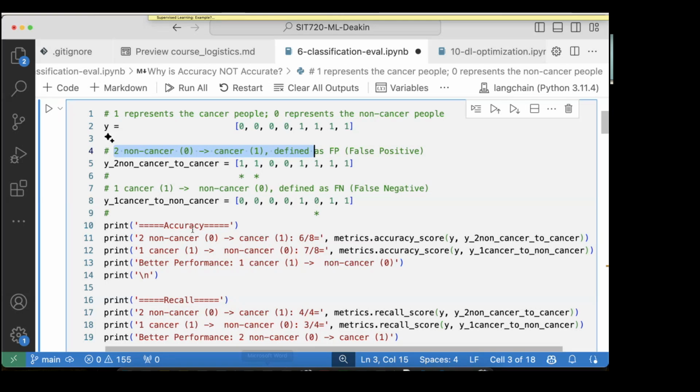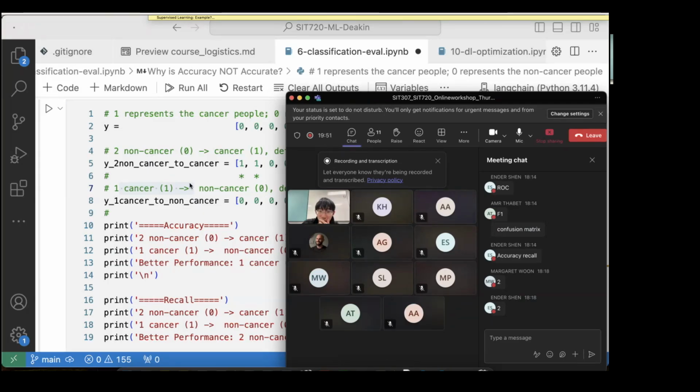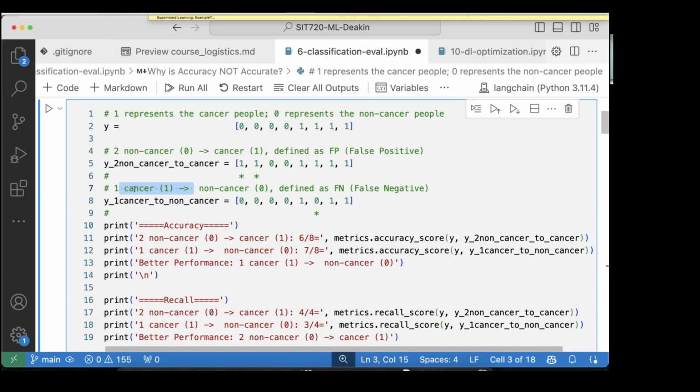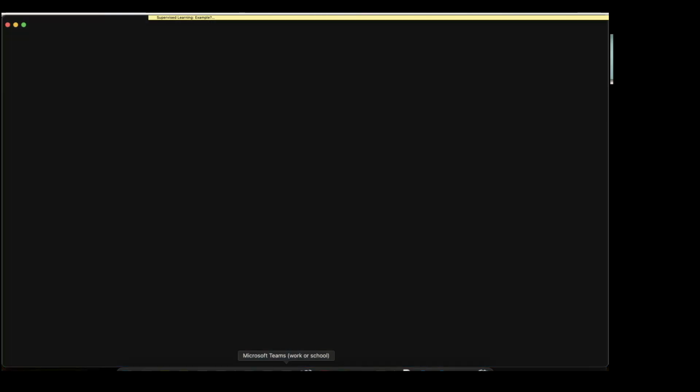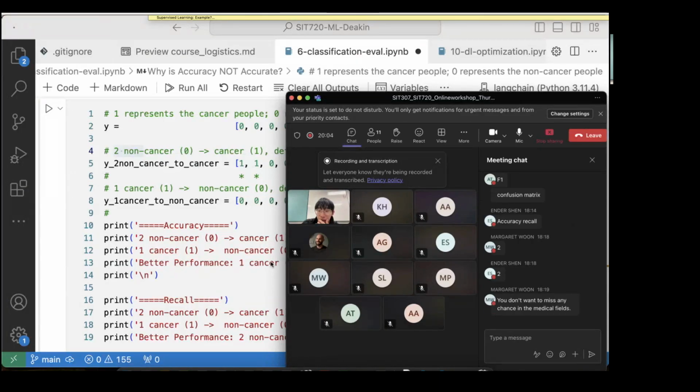Can anyone tell me why we prefer the first model rather than the second model? Although accuracy says the second one is better, actually the first one is better in a real-world scenario. Why? You don't want to miss any chance in the medical field.